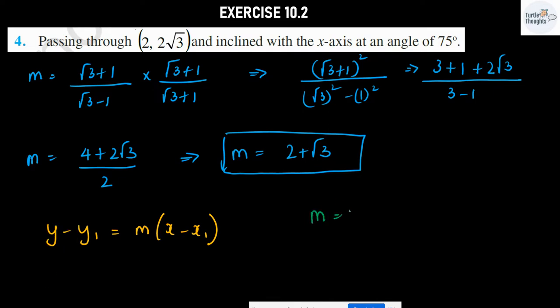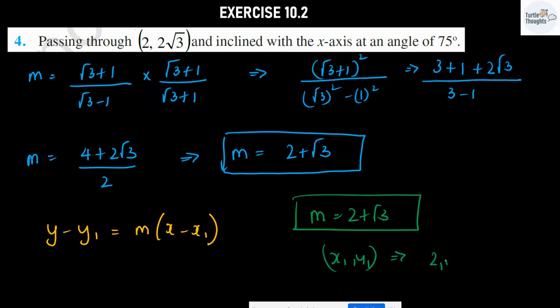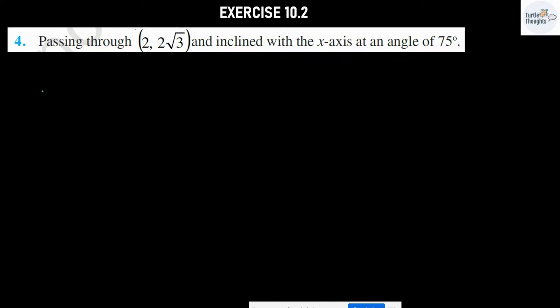M we have already found out, it is 2 plus root 3. X1 and y1 also we know, they can be taken as 2 comma 2 root 3. If I substitute these values in the equation, I will get the answer. So y minus 2 root 3 is going to be equal to m, which is 2 plus root 3, multiplied by x minus 2.